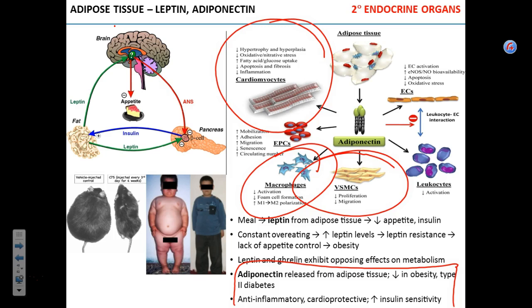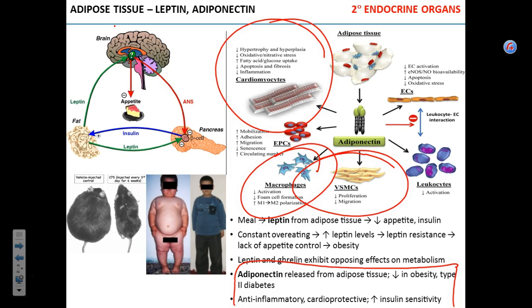Okay? The interesting thing is, if you look at chronic inflammatory diseases, such as atherosclerosis, or type 2 diabetes, or obesity, in people with those conditions, what we may call acquired lifestyle conditions, adiponectin would be low.